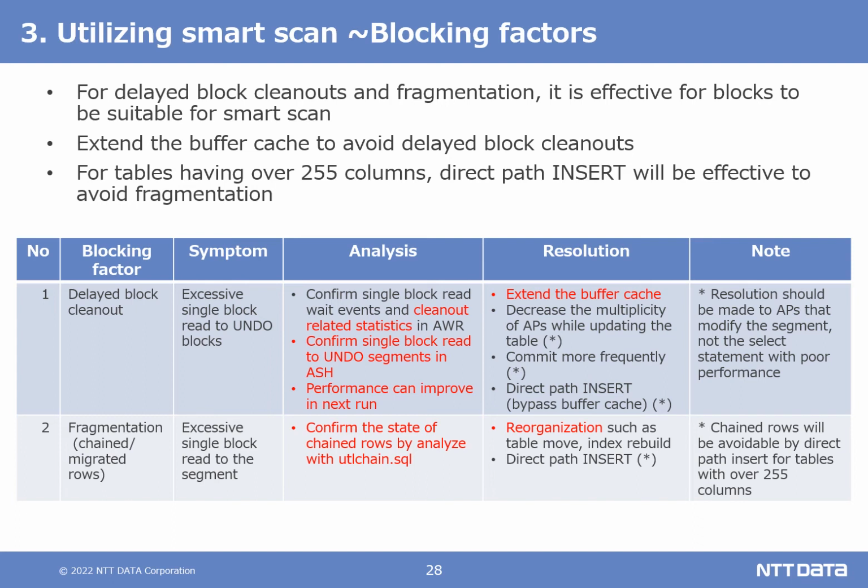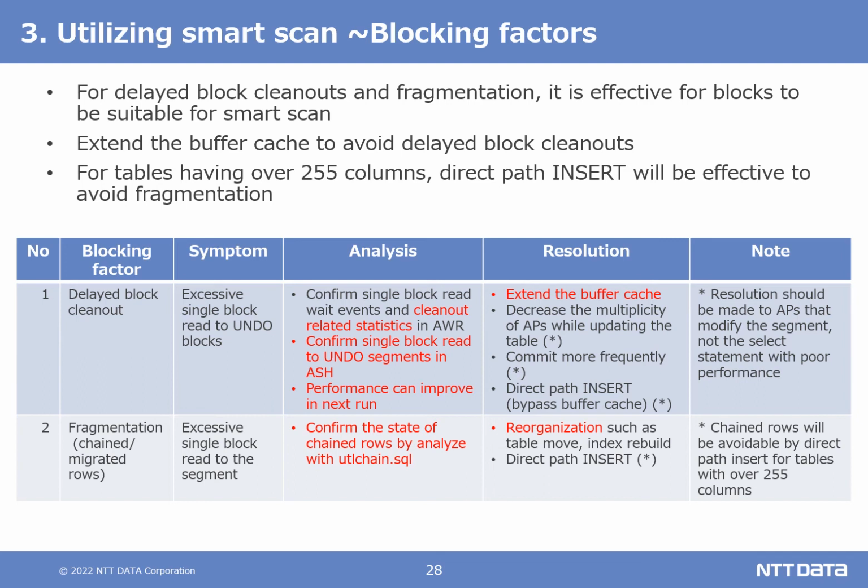Next, we discuss fragmentation. This one is determined by the fact that single block reads to the table occur, and the table is fragmented. Although it is difficult to say, we should be suspicious if the fragmentation rate exceeds 10 to 20%.